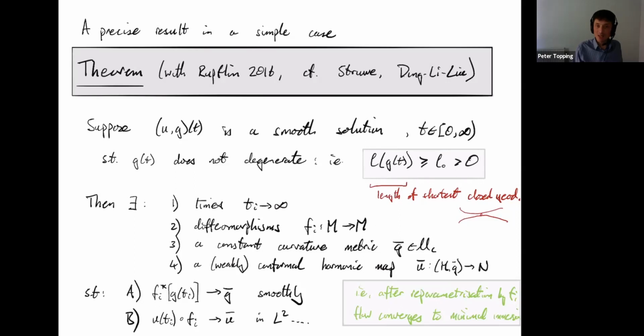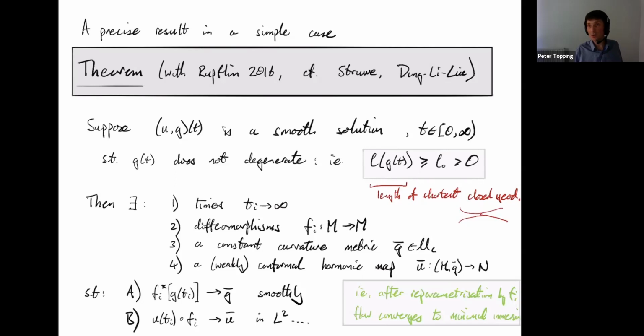Okay, so that immediately begs the question, which was asked by everyone that I ever gave this talk to back when we proved it, which is of non-uniqueness. So do you actually need these diffeomorphisms F_i? Or maybe you just have g(t_i) converging to G bar and you have u(t_i) converging to U bar. That's a sort of different non-uniqueness question to the usual ones that I was mentioning.